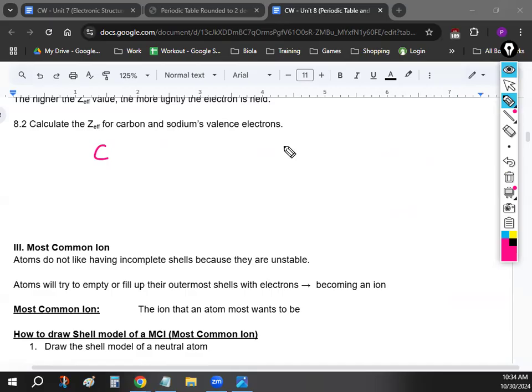You're going to look at carbon, and you're going to look at sodium, and I'm going to have you guys calculate the Zeff, the valence electrons.